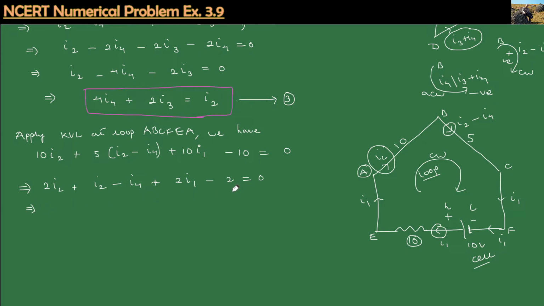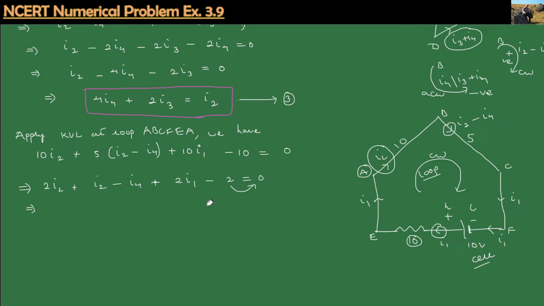Then the first thing you need to do is focus on the terms containing current, and carry this minus 2 to the right hand side, so that you can solve the unknowns.